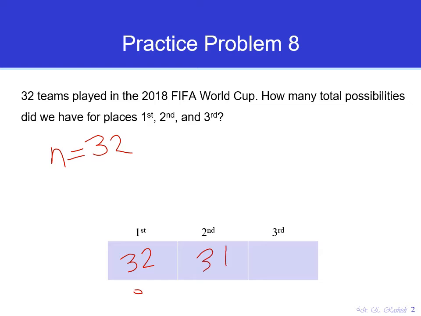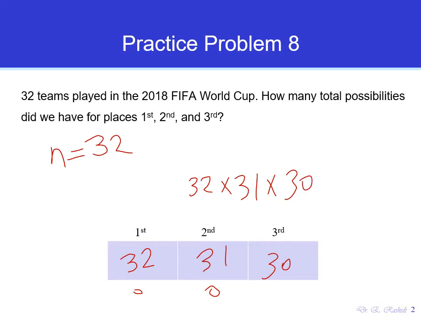And only one team can become second place. If we have one team at first place and one team at second place, how many options do you have for third place? 30 options. So the total possibilities would be a multiplication of these: 32 multiplied by 31 multiplied by 30.